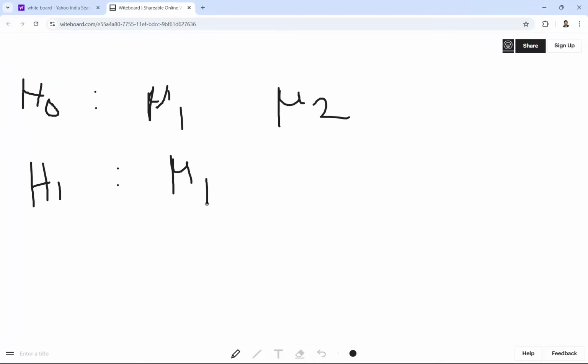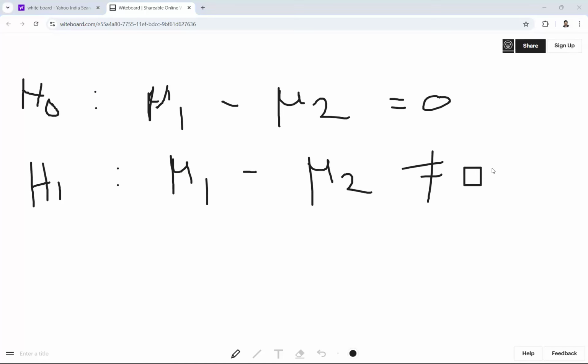Can I write it in any other way? Just take the equal to to the other side. What you said is correct. You can also say it like this: mu1 minus mu2 is equal to 0, and mu1 minus mu2 is not equal to 0. So everyone understood how to form the hypothesis.